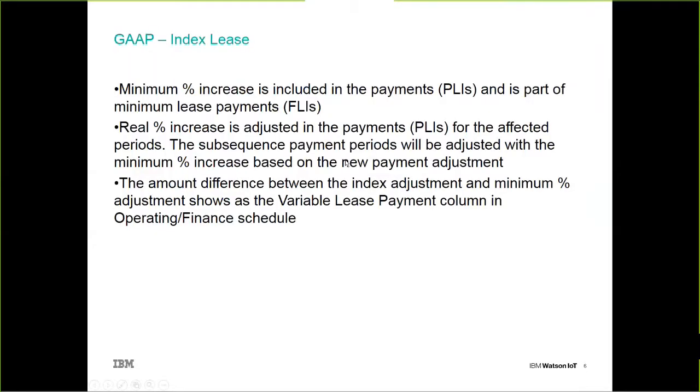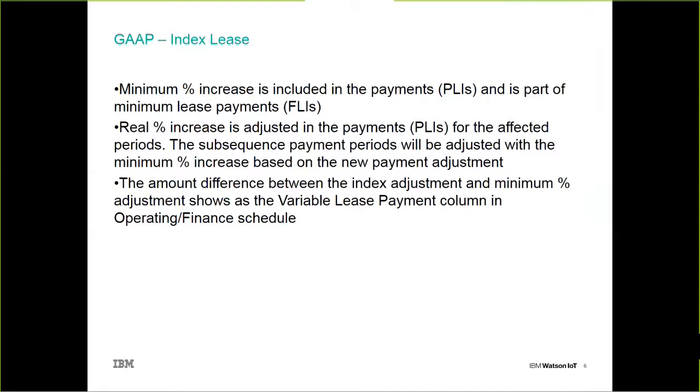So the next topic would be the GAAP index lease. So SAP already did the IFRS, and now I'm going to go over the GAAP lease. So for the enhancement that we did here, there are three main points for the GAAP. First of all, on the payments.